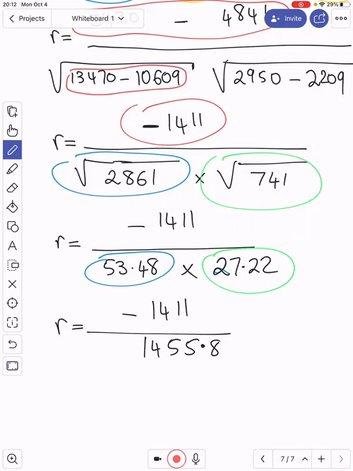So when you divide, that's negative 1411 over the 1455.8. So as I said, this is approximately negative 0.97. So as we expected, R is negative, right?